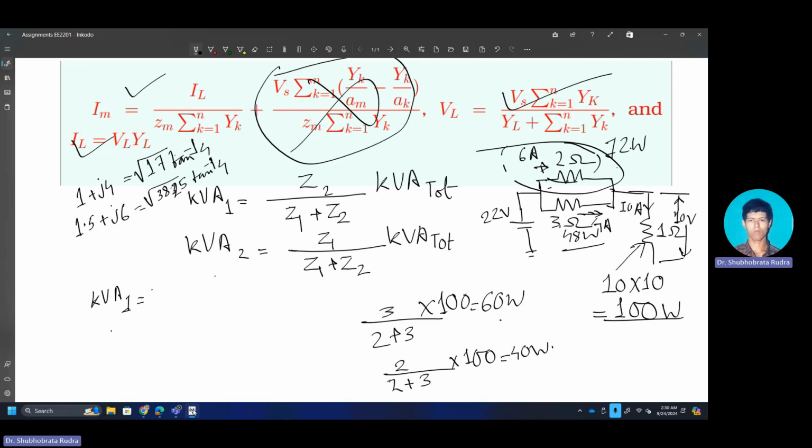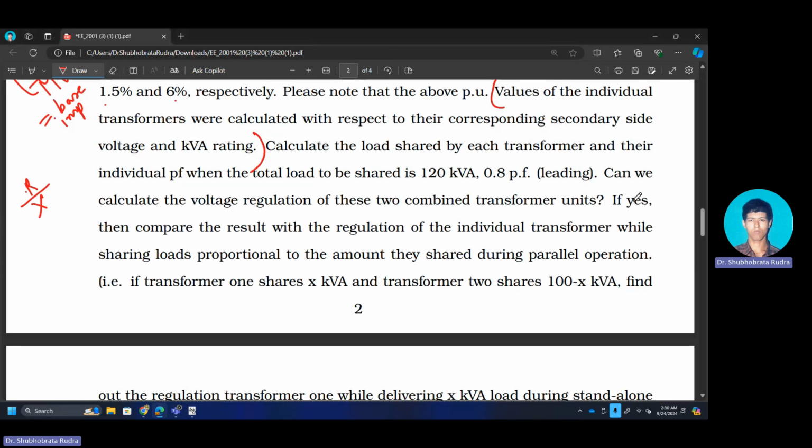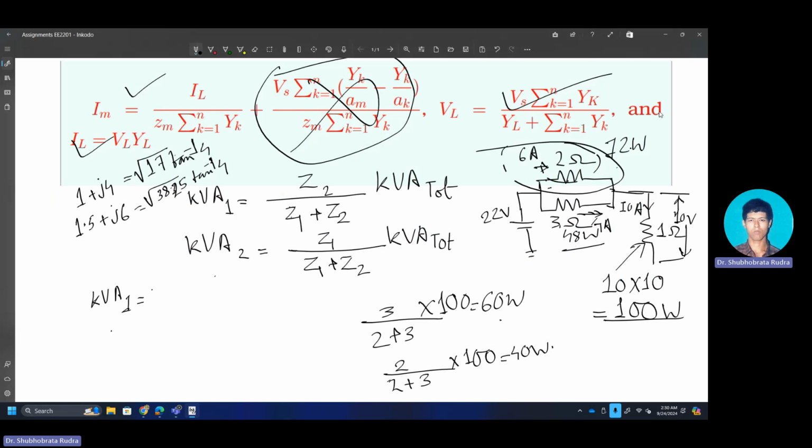After that, you have to calculate the voltage regulation of this combined transformer. How can you calculate the voltage regulation? It's very simple. You have to find out this VL. So how to find out VL? You can figure it out.